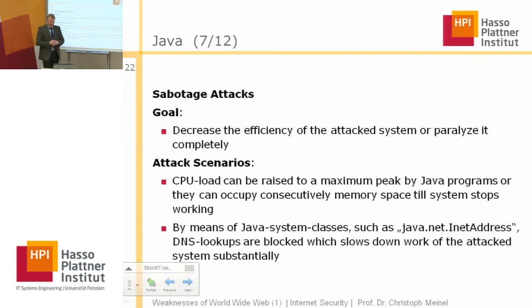By means of some Java system classes, for example the class java.net.InetAddress, DNS lookups may be blocked, which of course slows down the work of the attacked system substantially if it is no longer possible to assign hardware addresses to internet addresses and vice versa.